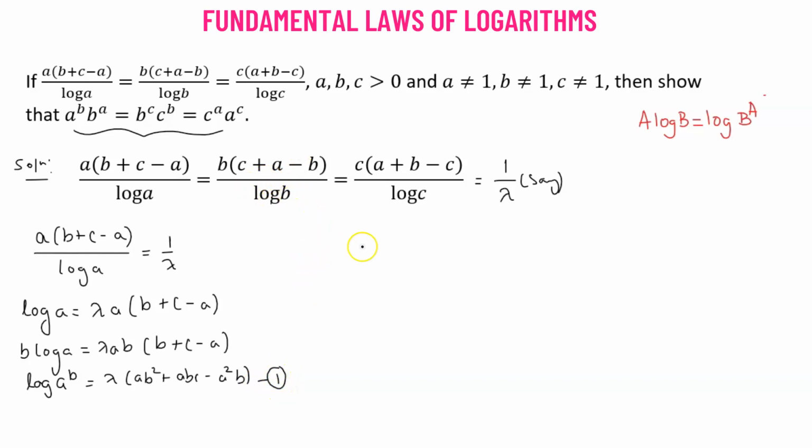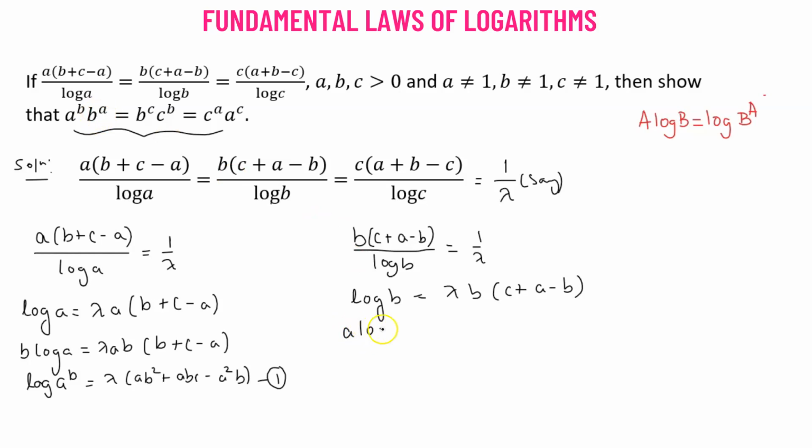Now let's take the second expression. In our second expression, we have b multiplied by (c + a − b) divided by log of b. So this is also equal to 1 over lambda. We'll cross multiply to get log of b equals lambda times b times (c + a − b). So can you guess what number we should multiply on both sides? We need b raised to the power of a, so we multiply with the exponent of b, which is a.